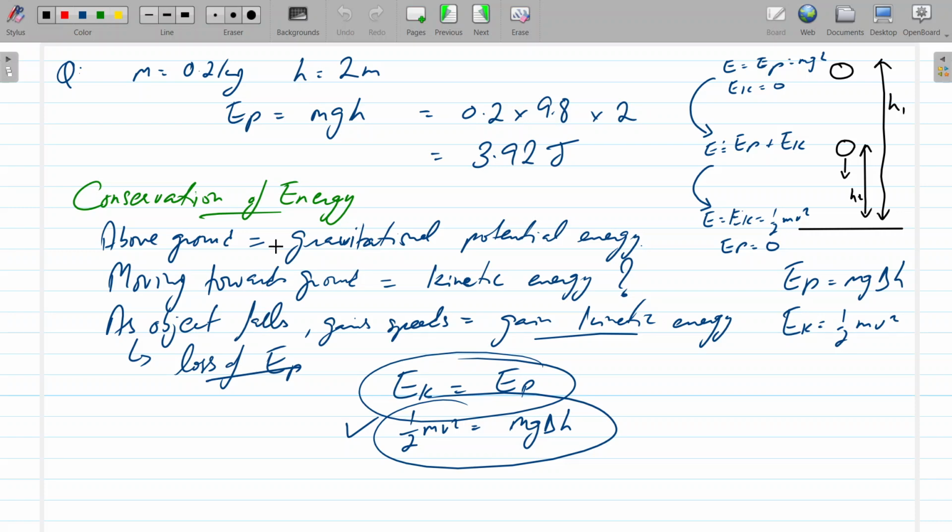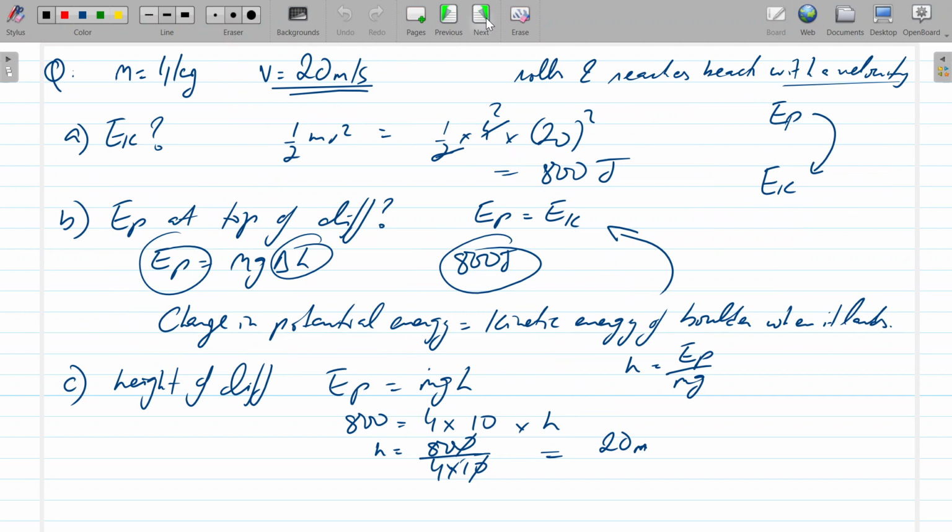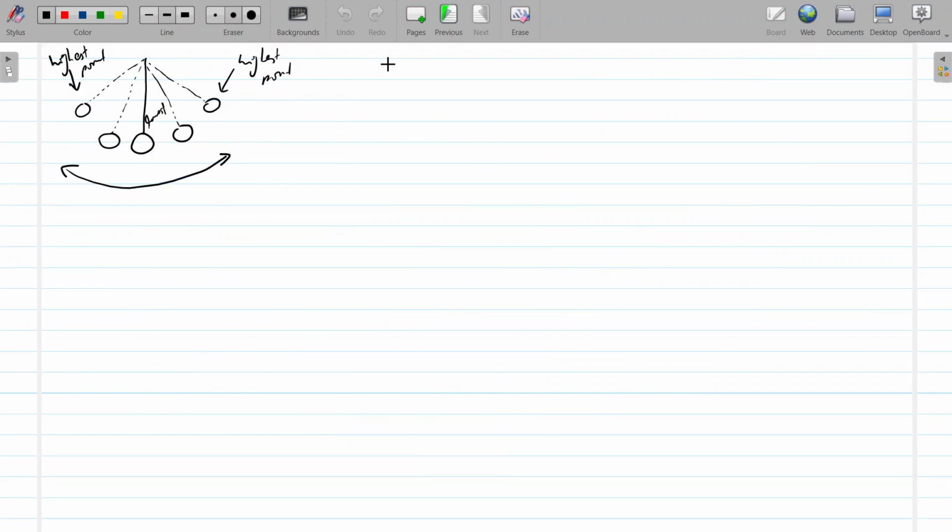What kind of energy will a pendulum have at its highest points? Gravitational potential. Yes.